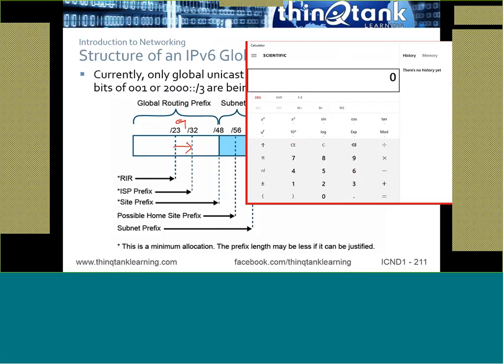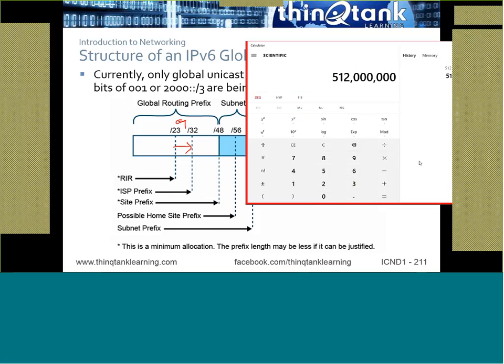So for every single regional internet registry, actually for every single network, 2 to the power of 9, which is 512 networks. Now, multiply that times 1 million, and that's how many networks the ISPs are getting. 512 million networks. You guys follow the math?